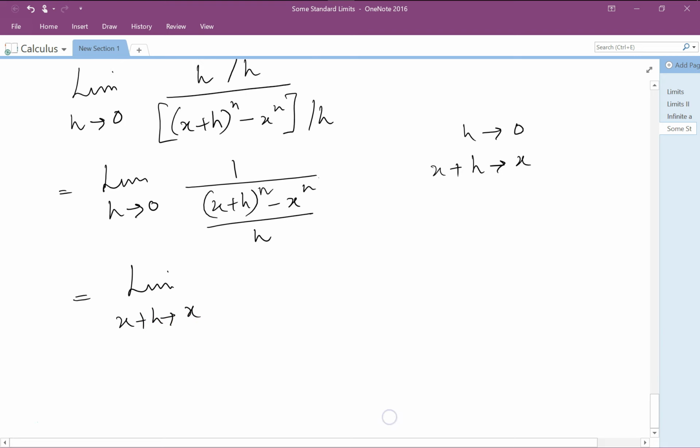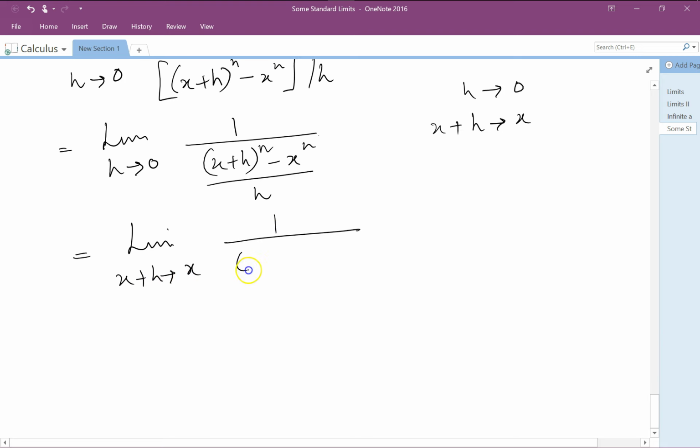So which means I can now rewrite this statement as x plus h to the power of n minus x to the power of n divided by, now this h should still be h, but in the denominator here I want x plus h. So x plus h, right?